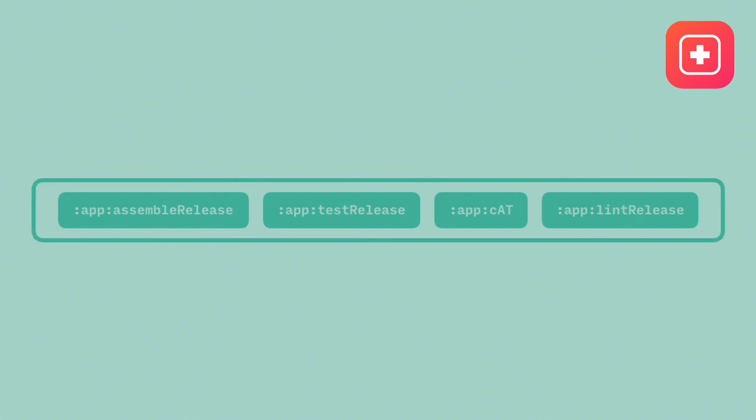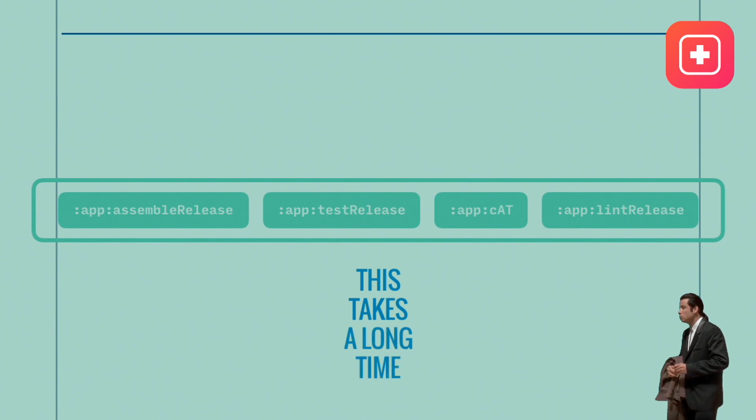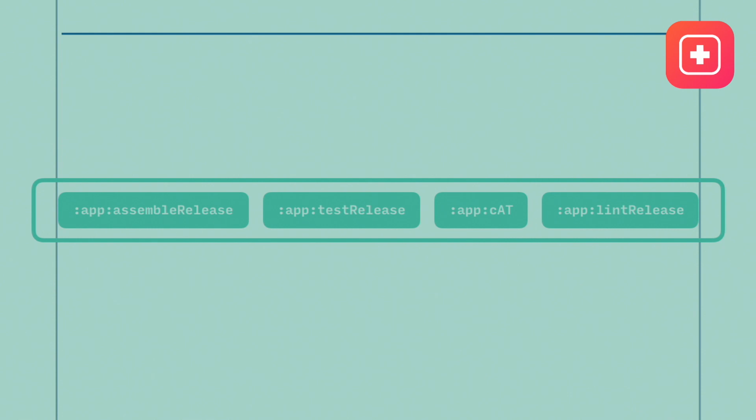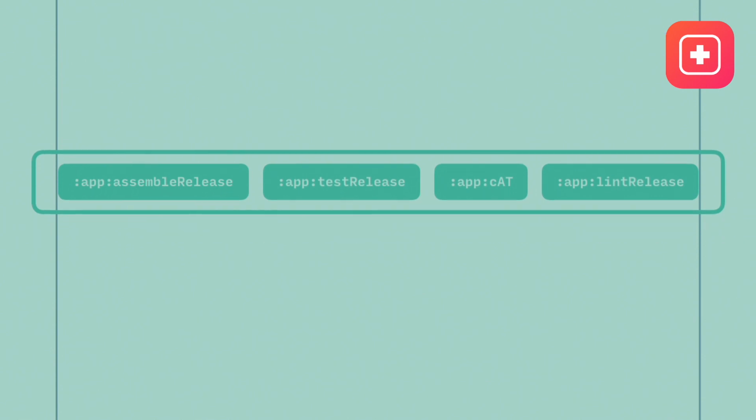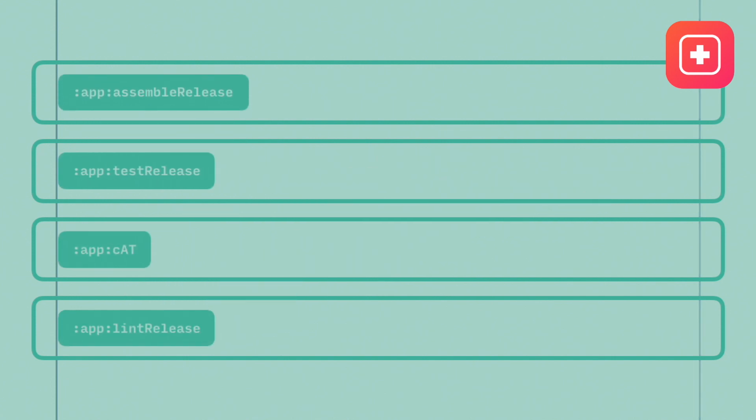Unfortunately, this is going to take a very long time. What if we could say, actually, my node has got 4 cores, so why don't I just post one thing per core and run them at the same time? Obviously, it's going to take way less. What if we could do that?